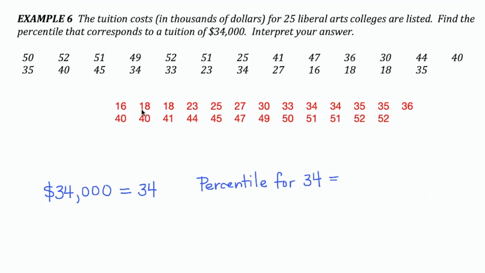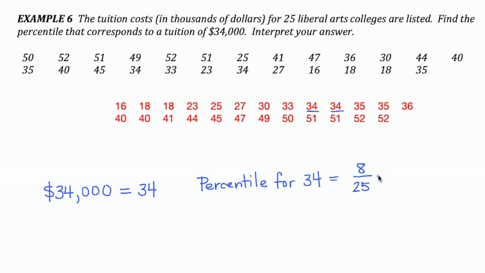So you can see that's why it's helpful to put the data in order, because now I locate where 34 is. And I start counting the pieces of data less than that number. So I have 1, 2, 3, 4, 5, 6, 7, 8. So there are 8 numbers below 34 out of, this is a data set with 25 pieces of data.